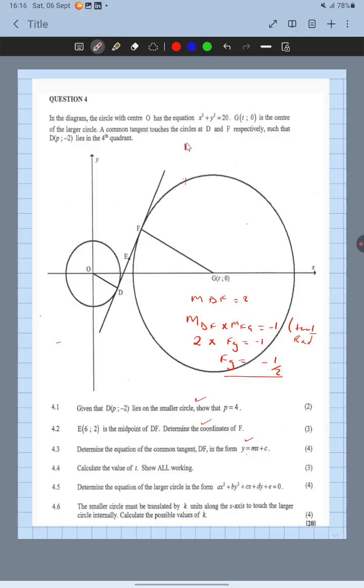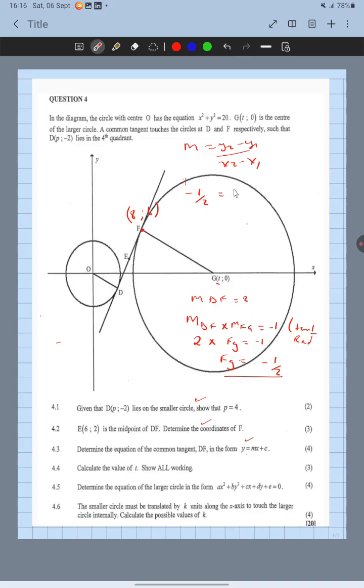So we can say gradient is equal to y2 minus y1 over x2 minus x1. So the gradient is negative half, and the point F is 8 and 6, right? So this would be the value of t.